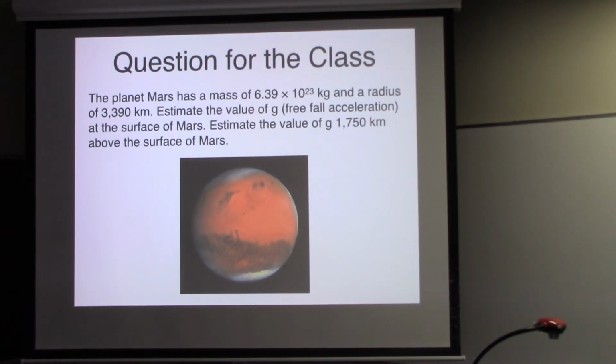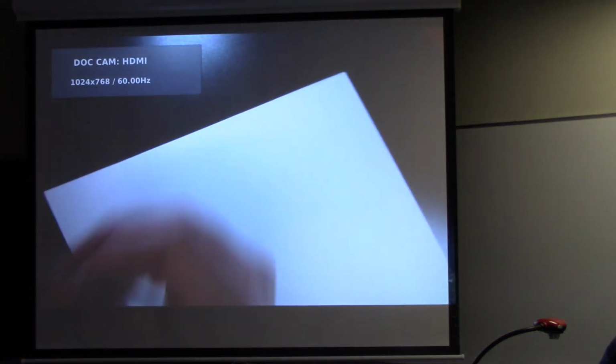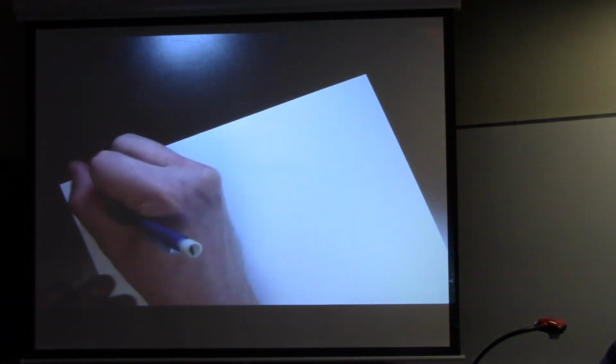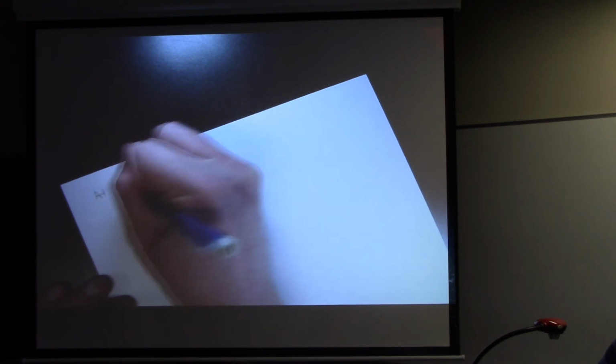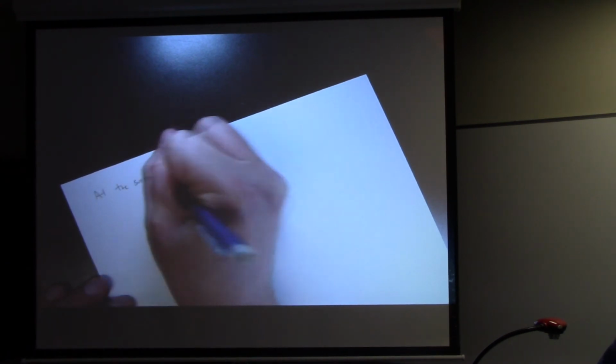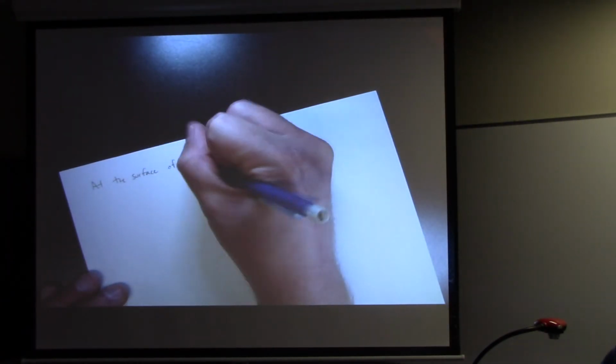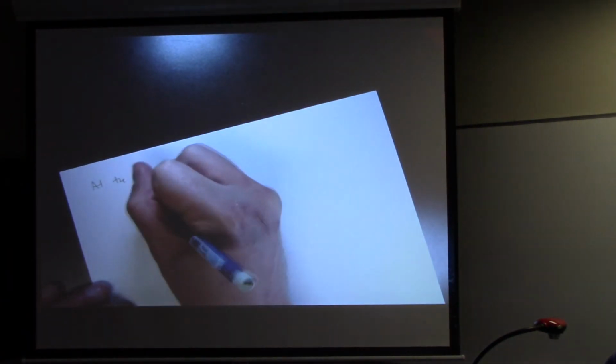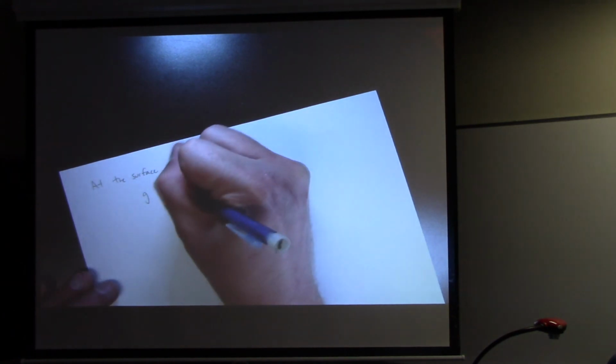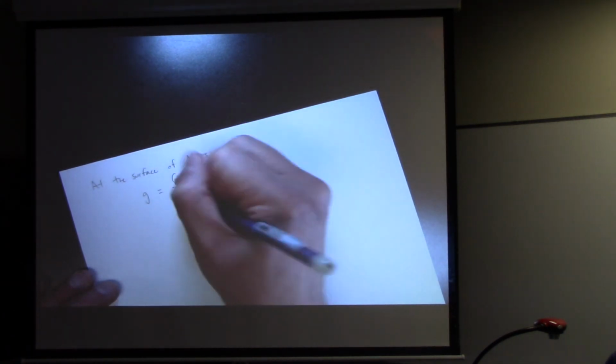Okay, so let's work both of these out. And so, without having to sort of reinvent the wheel and rederive the equation, we know that at the surface of Mars, g is going to be equal to big G, big M, divided by r squared.